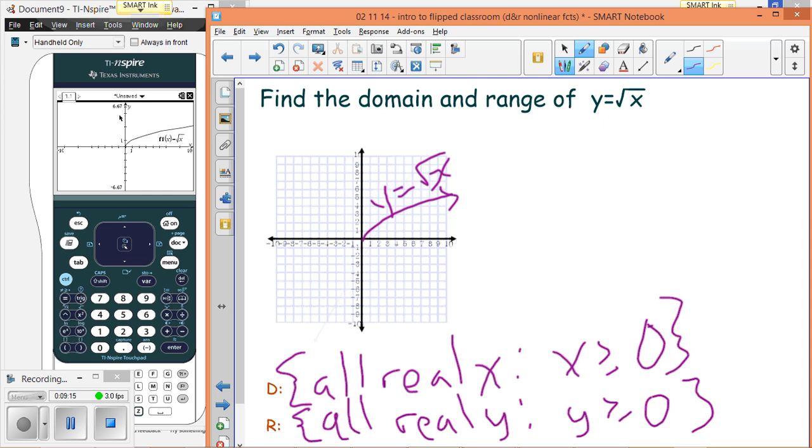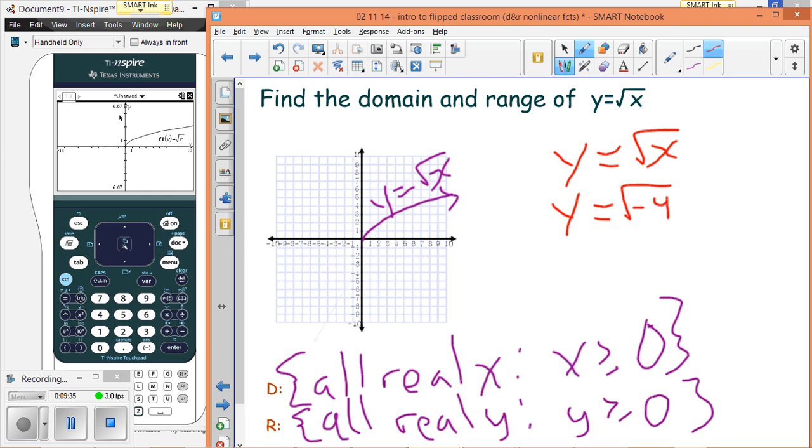Let's just take a quick second to figure out, for the domain, why x cannot be smaller than 0. Think about what would happen if x was negative. You would have y equals the square root of x. Y equals the square root of -4, say.